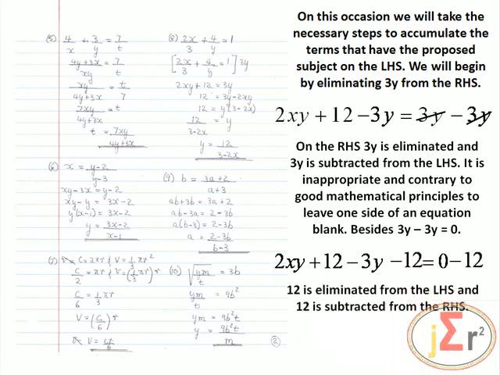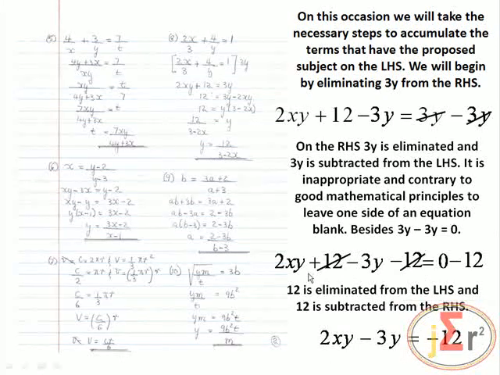So there we have 12 is eliminated from the left hand side, and on the right hand side we have a negative 12. 0 minus 12 is equal to negative 12. So 2xy goes there, negative 3y goes there, and a negative 12 right there.